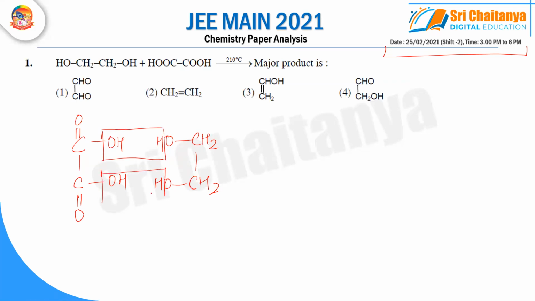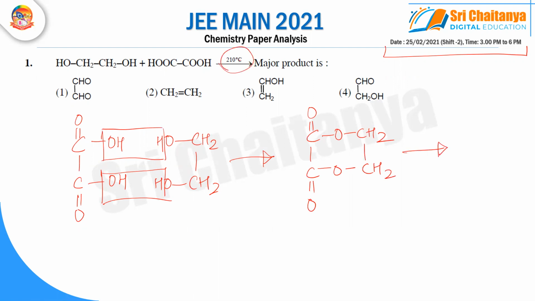So if you remove these water molecules, you're going to get a cyclic ester. And then you are again heating this entire thing at 210 degrees centigrade. Now this leads to pyrolysis of ester.